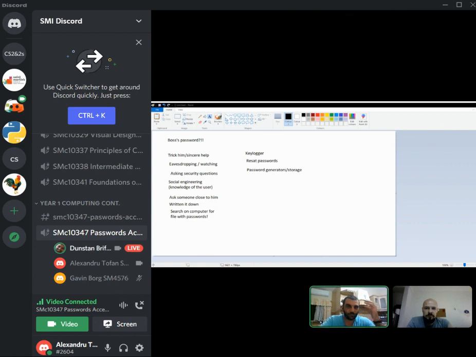So if you manage to find one password, there's a very good chance that you're going to be able to use it in other places. Chrome actually asks you for your Windows password to be able to see the passwords.